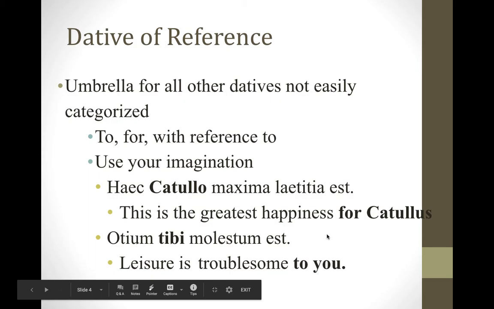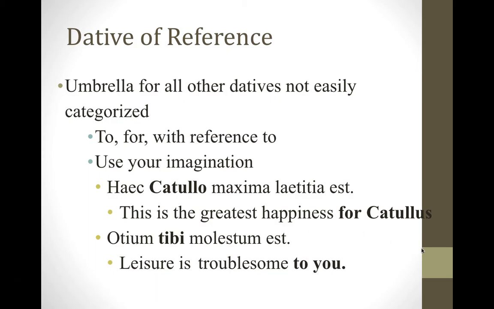Otium tibi molestum est. Leisure is troublesome to you. This is where we can see that indirect object translation coming in, but leisure being your subject is troublesome, and then to you, it's not really an indirect object so much because you don't have a direct object, because the item that would be your direct object is your subject.